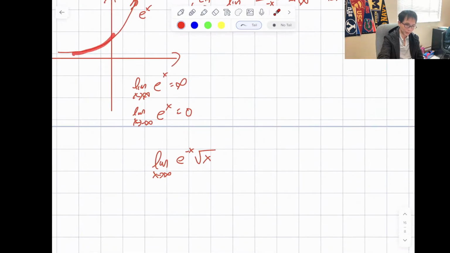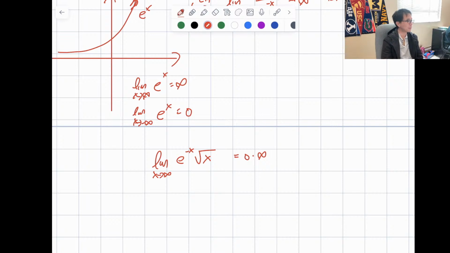Going this way, it's going to 0, so it's going to negative infinity, which means going left. That means 0 times infinity, which is one of the indeterminate forms. Everybody would think 0 times infinity is going to be 0. It may be true, it may not be. We don't know. We have to test it.